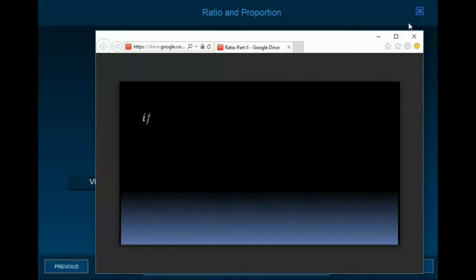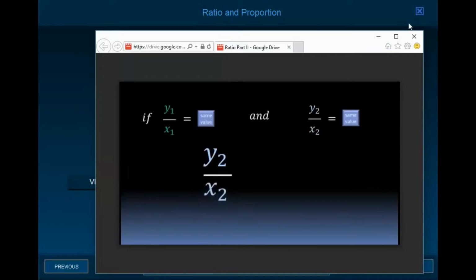And we can say, if we know that the value of y at one point in time over the value of x at one point in time equals some value, and if we know that the value of y at a second point in time over the value of x at that point in time is equal to the same value, then we can say that the value of y at the second point in time over the value of x at that point in time is equal to the value of y at the other point in time over the value of x at that point in time.